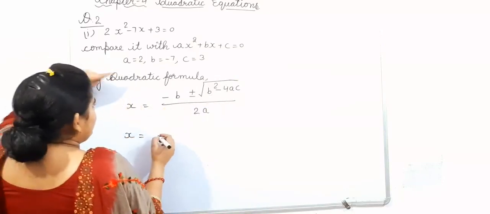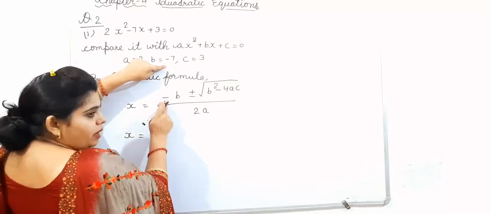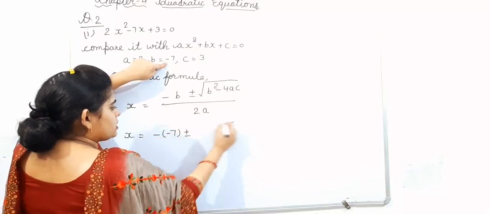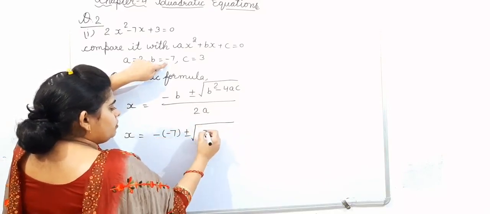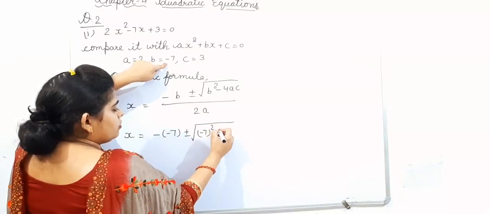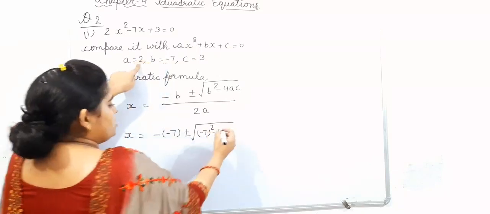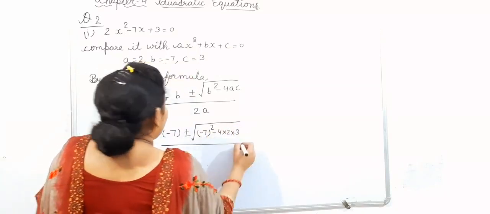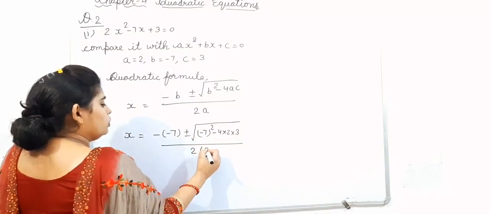Now putting the values, minus b is minus of minus 7, plus minus square root of b square, that is minus 7 square, minus 4 into a is 2, c is 3, divided by 2 into 2.